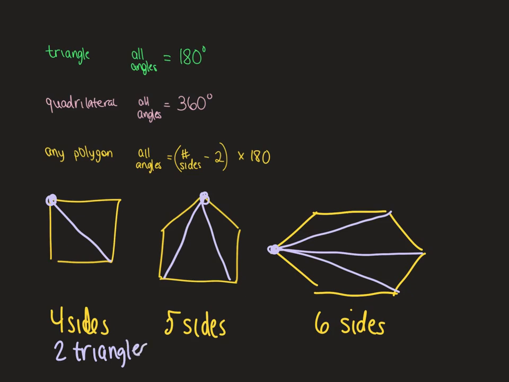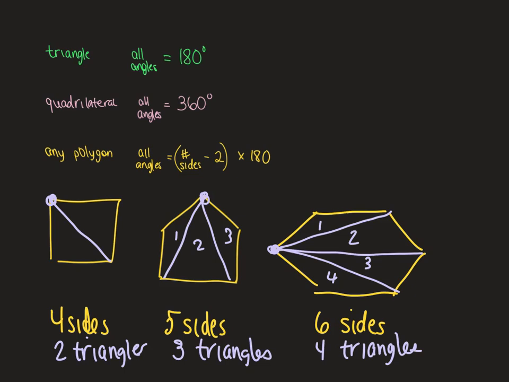I cut it into 2 triangles. A pentagon, I cut it into 3 triangles. A hexagon, 1, 2, 3, 4. I cut it into 4 triangles. Do you see why we're always subtracting 2? And do you see why we're always multiplying by 180?